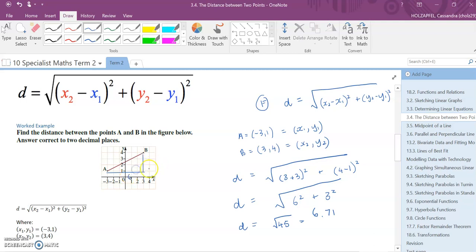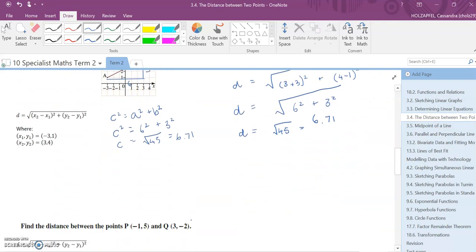So that distance along there is going to be 6. This distance here is going to be 1, 2, 3. And then we can just use Pythagoras' theorem. So then d squared is going to be 6 squared plus 3 squared. And we already know that the answer to that is going to be 6.71.